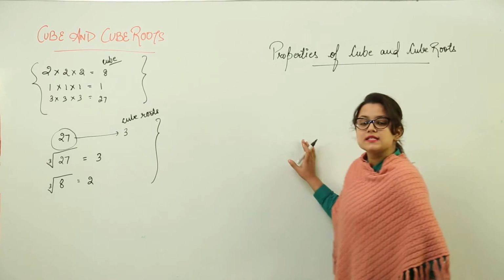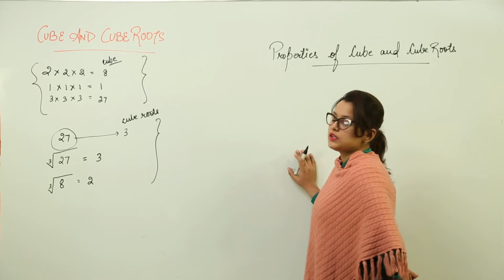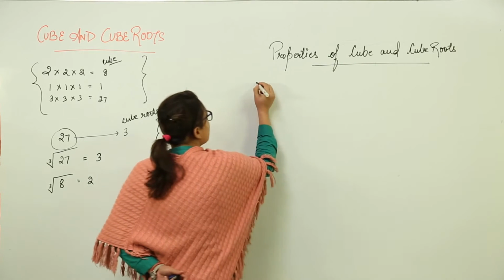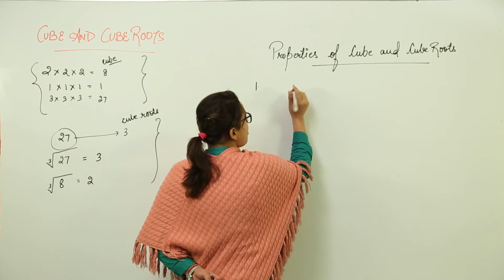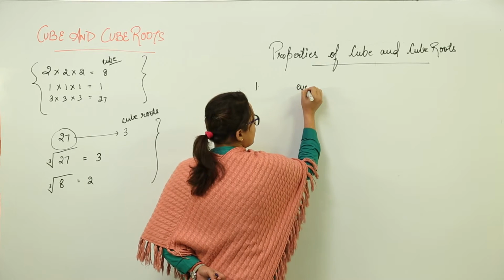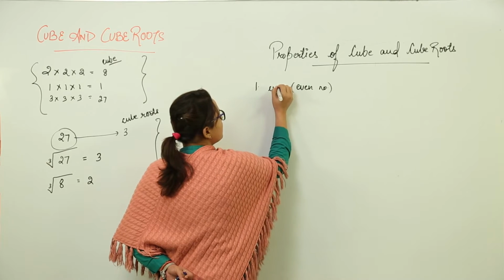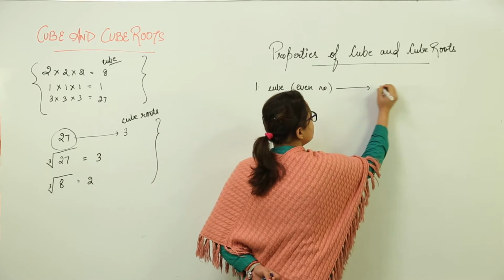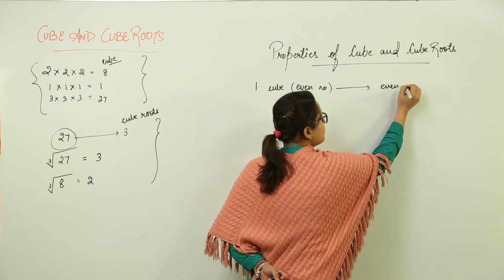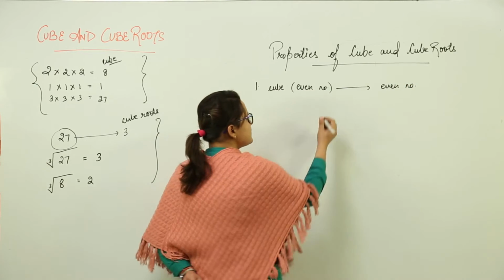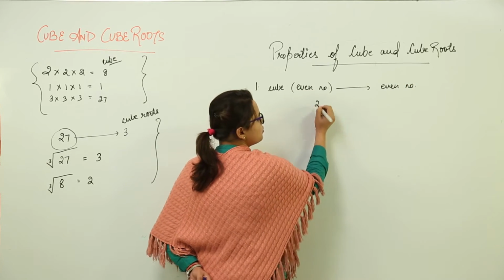Now let us discuss some of the properties of cubes and cube roots. First of all, I would tell you the cubes of even numbers, any even number. If you take the cube of any even number, that will give you the cube as an even number only. For example, we have already taken 2 earlier.